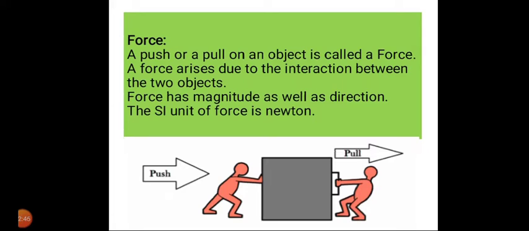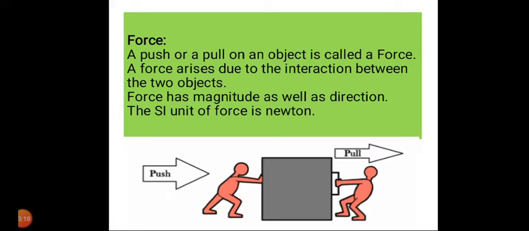Without applying the force, the car cannot move. So from this it is clear that at least two objects must interact for a force to come into play. Thus, an interaction of one object with another object gives a force between two objects. This is the example of the force.